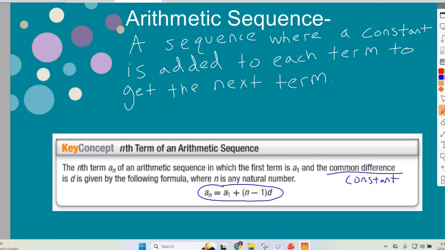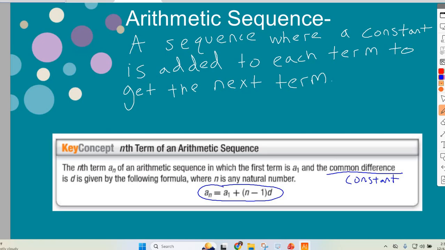And the reason they call it the common difference, even though we're adding each time, is because if I want to figure out what I'm adding each time, we would subtract 2 of our terms to figure out what we added. So a sub 1, again, remember, that means that we are starting with our first term. N just represents the term that we're wanting to find, and our D is that constant or common difference.